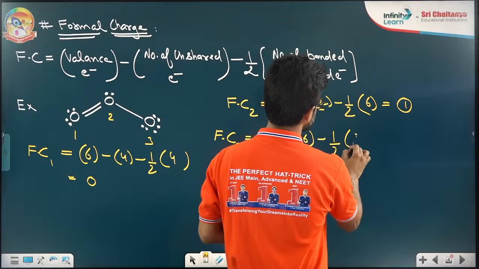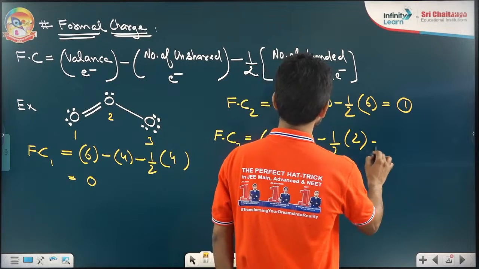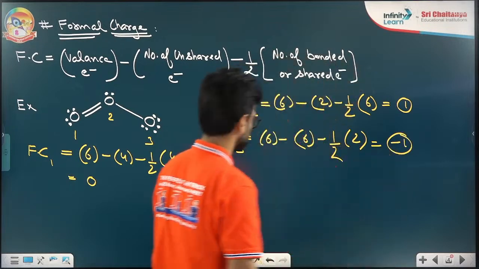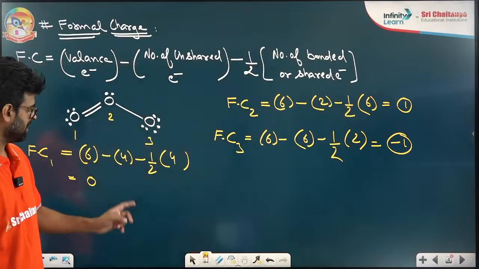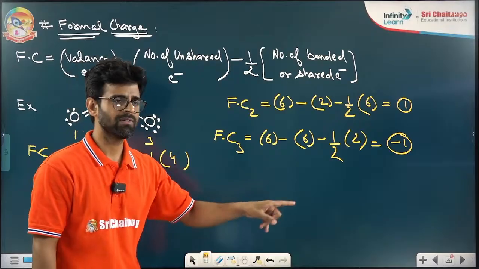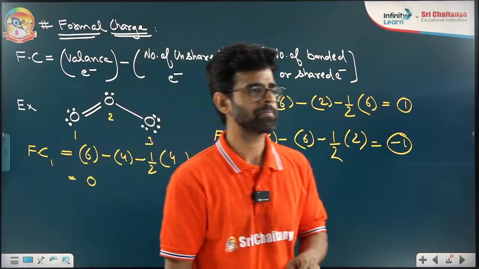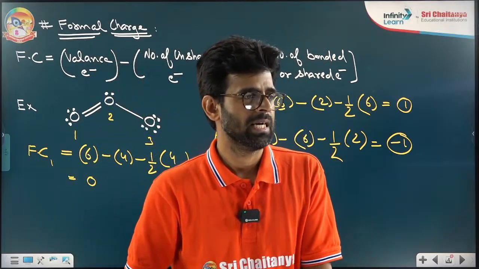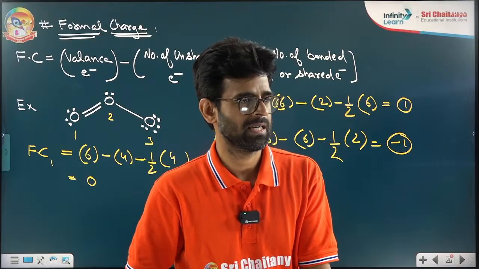So here 2 shared. So what's coming? It's coming minus 1, right? So for the first one 0, for the second one 1, and for the third one minus 1, right? Clear? Okay. Yes, very good.